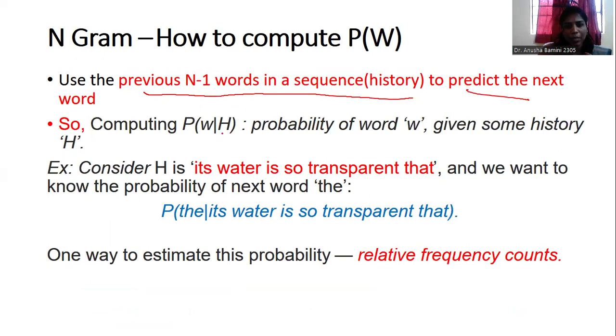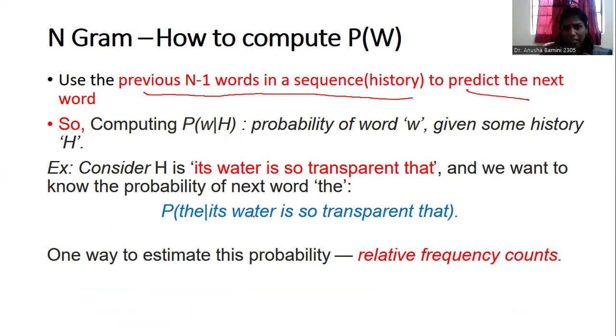So this can be computed as the probability of word W given a history. In the previous slide, we learned the probability of W5, or Wn, based on W1 to Wn minus 1.